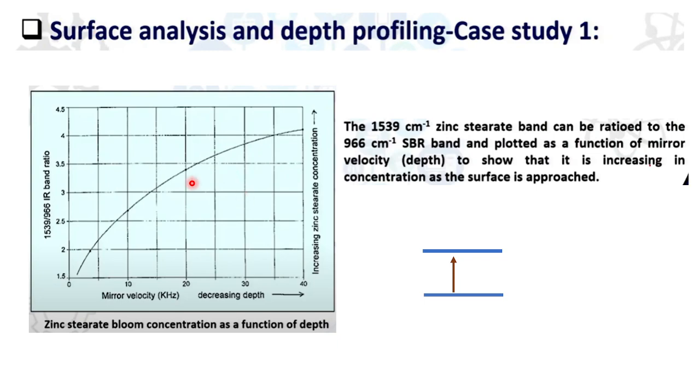Now how does it work in a real case? For example, take a composite that has zinc stearate, because we add zinc stearate as an accelerator activator. Now with time we know that zinc stearate can bloom from the bulk up to the surface.